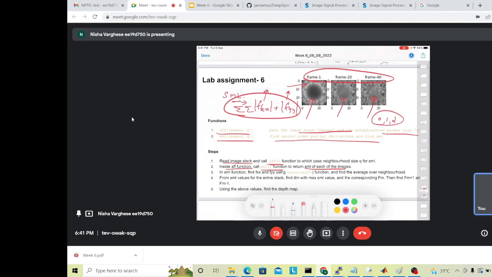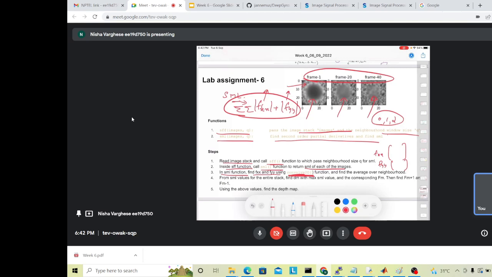Find fxx and fyy, as explained in the last slides or in week 5 videos, using the 3 by 3 kernels for fxx and fyy. Using the inbuilt convolve 2D function, find fxx and fyy, take their magnitudes and add them, then sum over the neighborhood to get the sum modified Laplacian. That SML value should be returned to the SFF function.